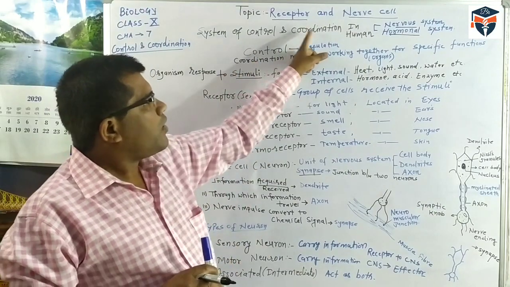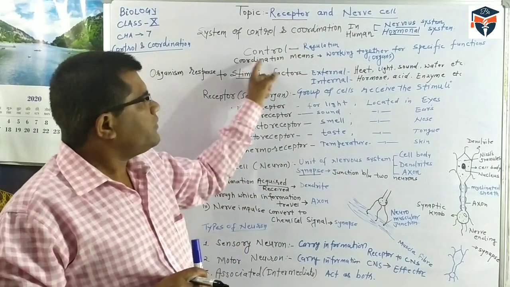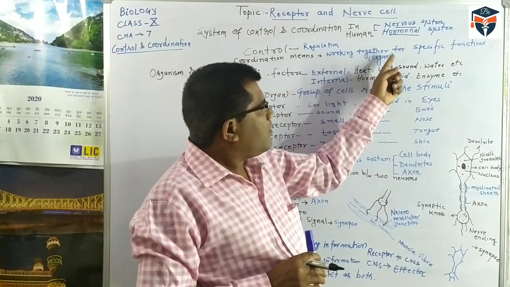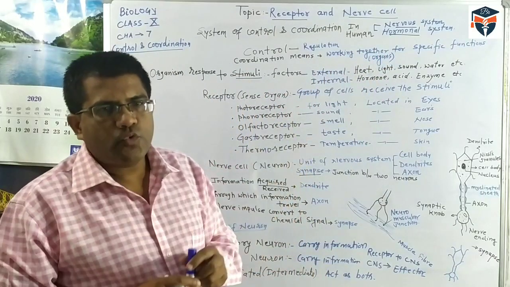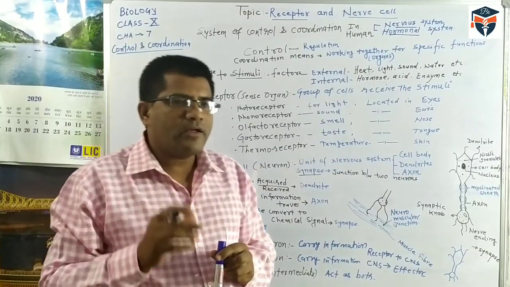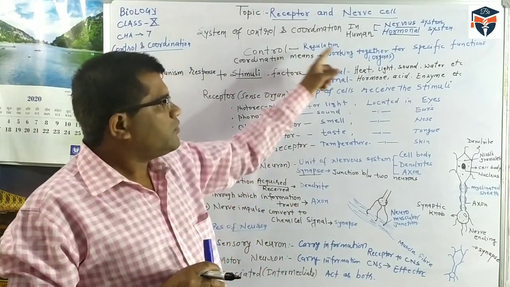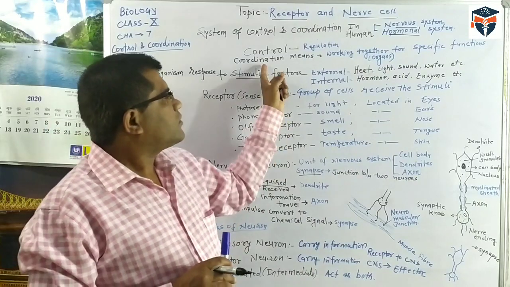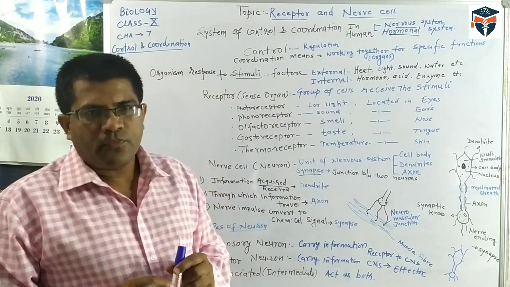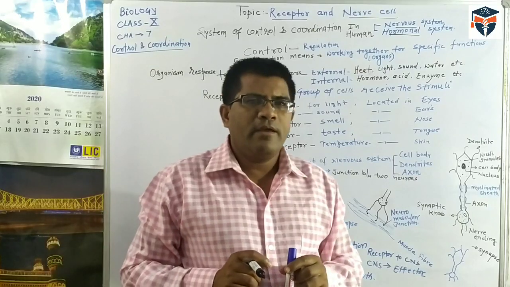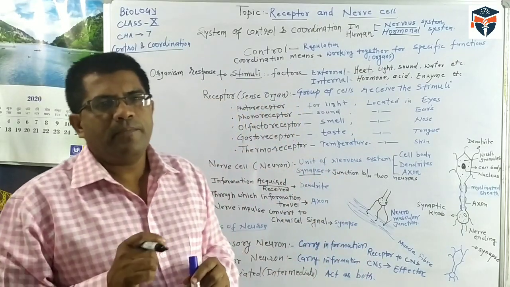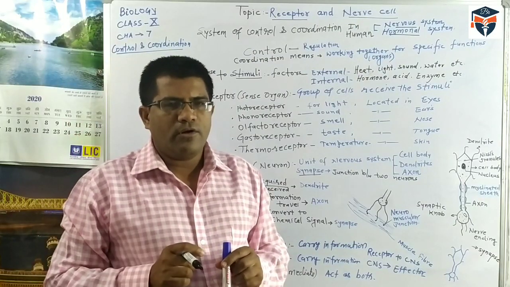Another term is coordination, and what does coordination mean? Working of different organs together. If different organs of our body work together to perform a specific function, it is called coordination. If anybody wants to run, many parts are involved.